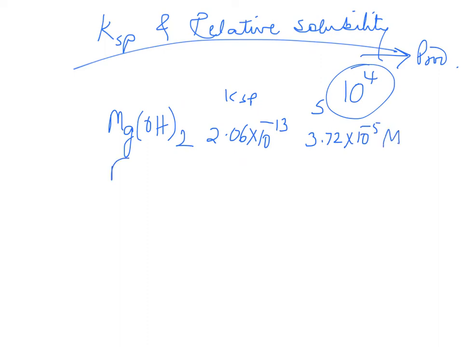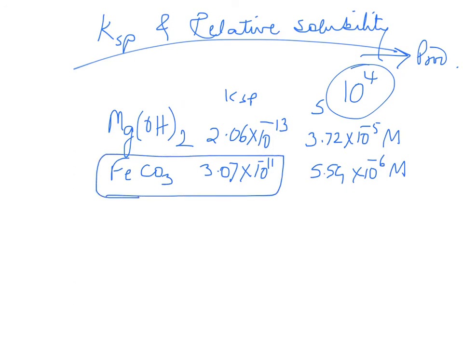And iron carbonate has a KSP of 3.07 times 10 to the negative 11, and the solubility is only 5.54 times 10 to the negative 6. So the KSP of iron carbonate is higher, but somehow its solubility is lower. Magnesium hydroxide has a smaller KSP than iron(II) carbonate, but it has a higher molar solubility. So the two don't go hand in hand.